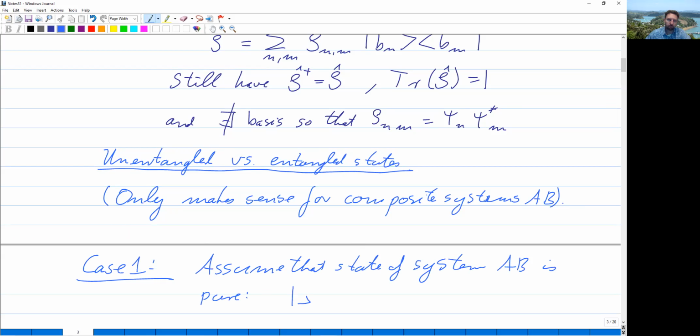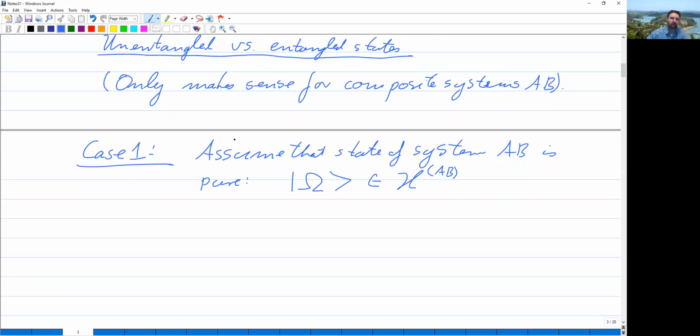So it's this pure state which is an element of the Hilbert space of system AB. Then what is its density matrix? From what we just recalled before, the density matrix of the system AB for this pure state is omega.